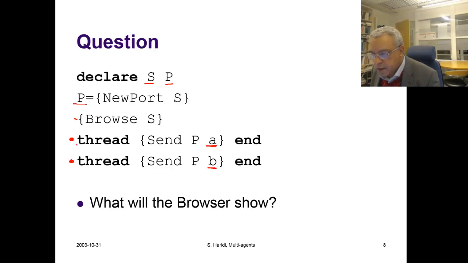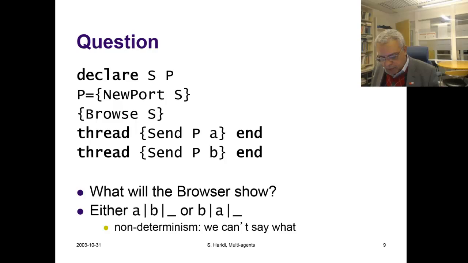These two threads will be executed by a scheduler. The scheduler is in the engine of the system, and it will schedule these two threads for execution. It might schedule this thread before that thread, which would mean that A will be sent before B, or it might schedule that thread before this thread, which means that B will arrive on the stream before A. And that's what we can see.